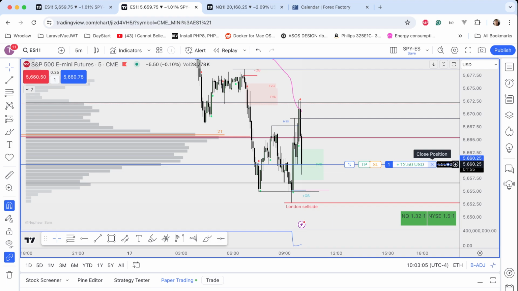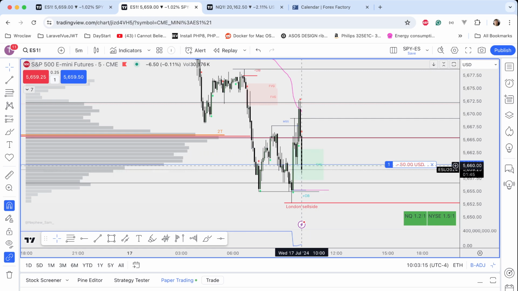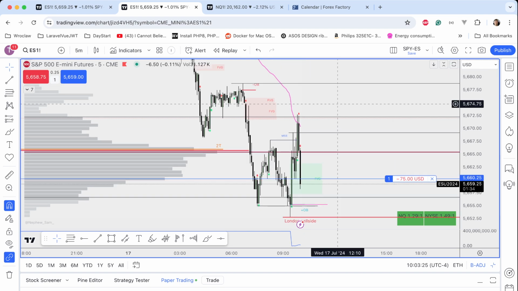And if the price gets accepted again into this range, that means they grabbed stop losses, and now with all that liquidity, they're gonna drive this price into this level here, and maybe even higher.